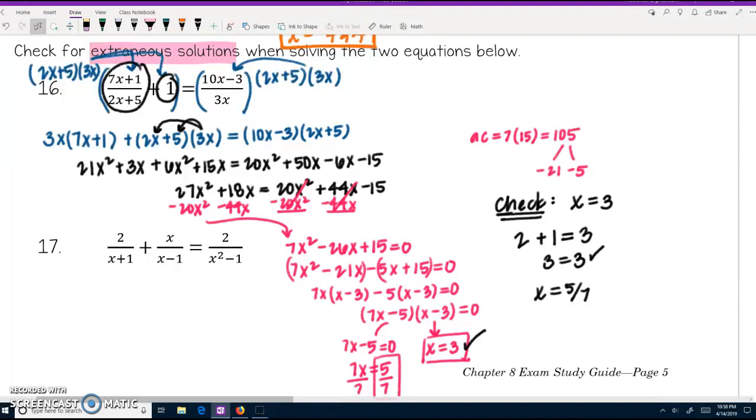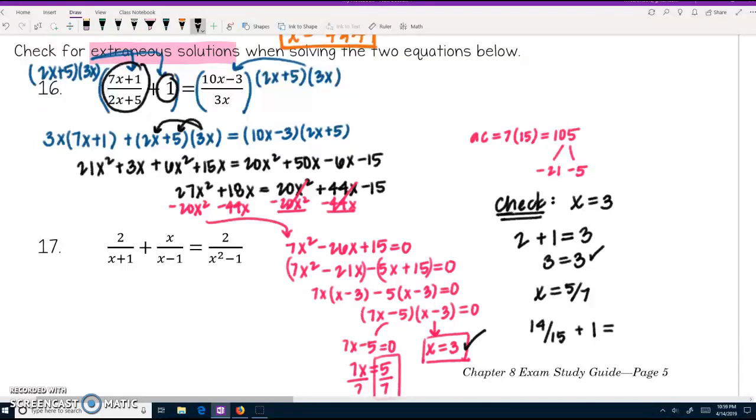That gives me 6. Then I divide that by 2 times 5/7 plus 5, and I get 0.9333, which is 14/15 as a fraction. And then plus 1.